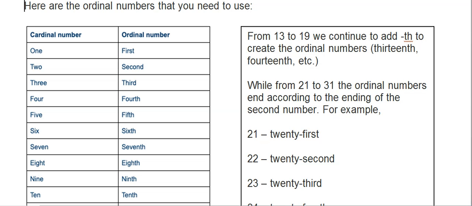So from 13 to 19, you continue to add th to create the ordinal numbers, like 13th, 14th, and so on. While from 21st to 31st, the ordinal numbers end according to the ending of the second number.